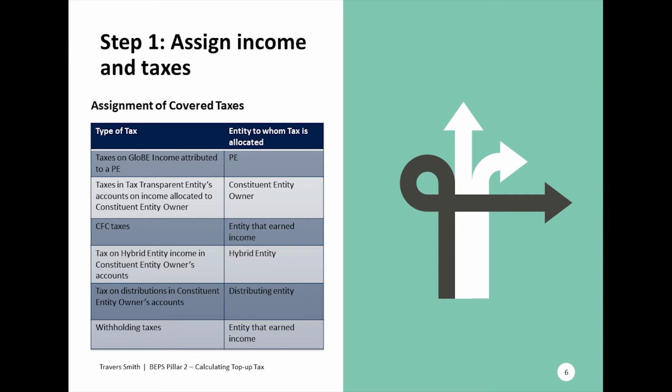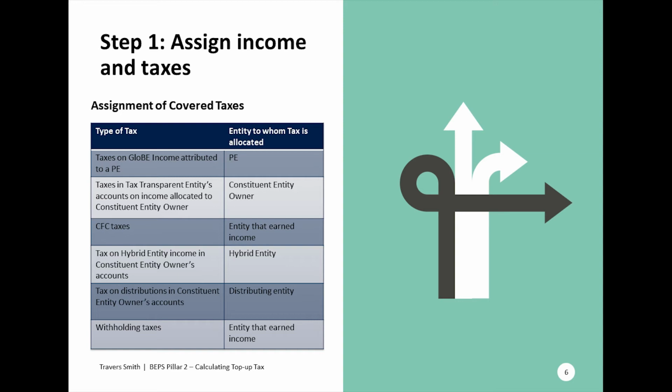So going through different types of tax, we have got taxes on GloBE income that is attributed to a permanent establishment. That tax will be allocated to the permanent establishment because that is the entity that has the income.